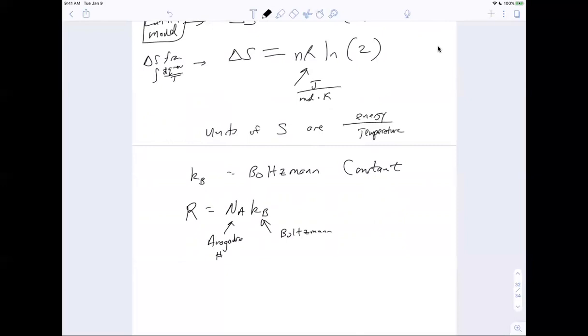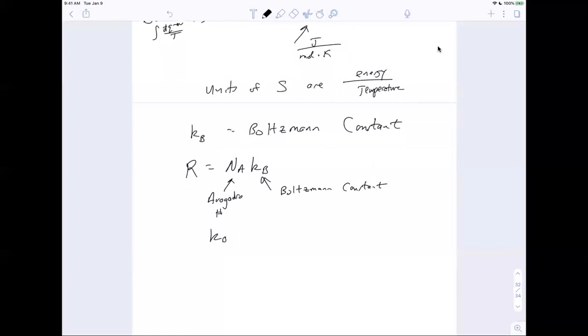Now, the derivation of this requires a lot of machinery, so I won't do that. But you can see here that K B, if we rearrange this, is really R per particle, because we know Avogadro's number is particles per mole, and is about 10 to the 23rd. So K sub B, the Boltzmann constant, is really R per particle. Since R is per mole and N A is per mole, the per moles cancel.